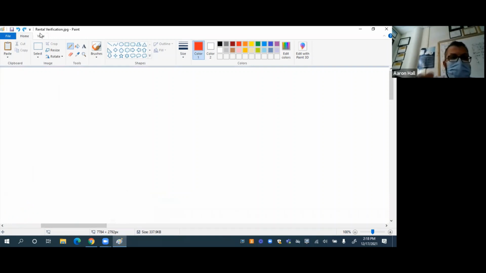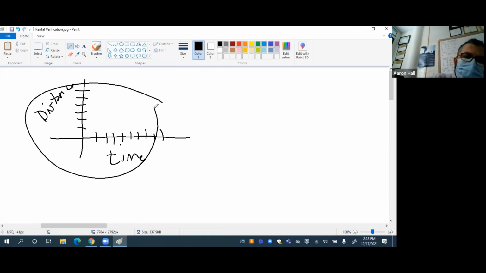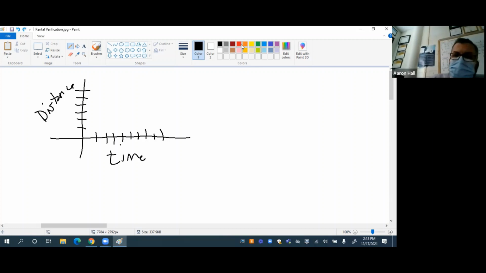All right, here's a graph. This is time, and this is distance. Now let's say that our graph for this time-distance equation looks something like this.